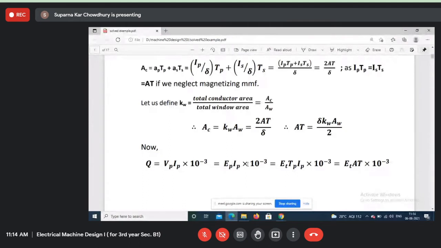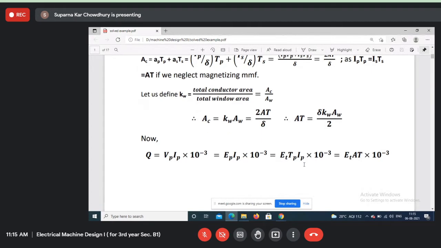Ep can be written as Et into Tp, where Et is the voltage per turn and Tp is the number of turns. So Ep, the induced voltage, is voltage per turn into number of turns into current, into 10 to the power minus 3. This is again replaced by ampere turns AT, so Et into AT into 10 to the power minus 3.